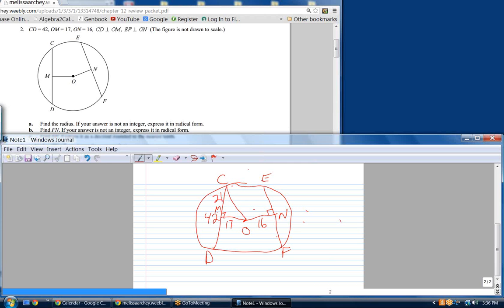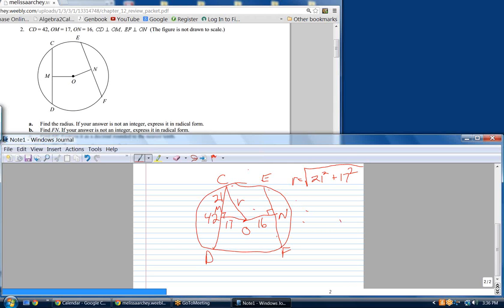All right. Now can you figure out the radius? Yeah. The radius would be 27.01. Okay. It wants it in radical form. So R is equal to what? Remember when you're solving a right triangle, the first word should be square root of? Right. R is the square root of 21 squared plus 17 squared.